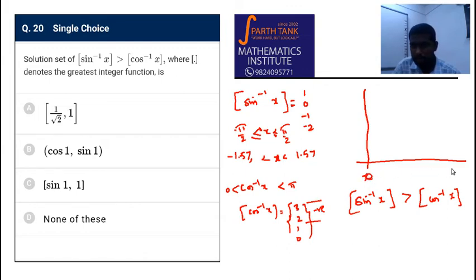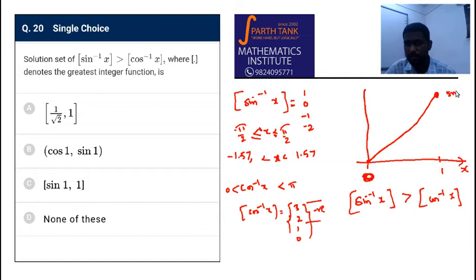Let us say this is 0 and 1. In this region between 0 and 1, let us consider what happens to these functions. So sine inverse of 0 is going to be 0, and sine inverse of 1 is going to be π/2. So sine inverse is, let's say, some function like this.